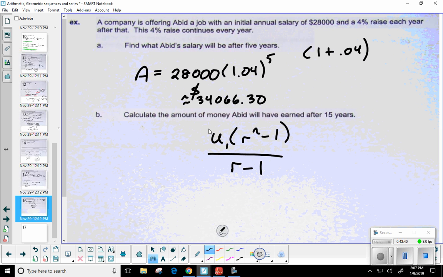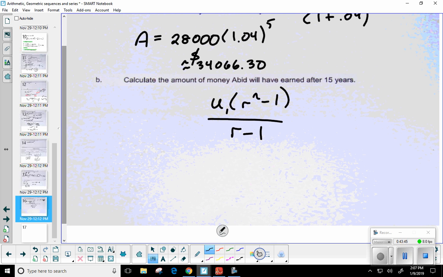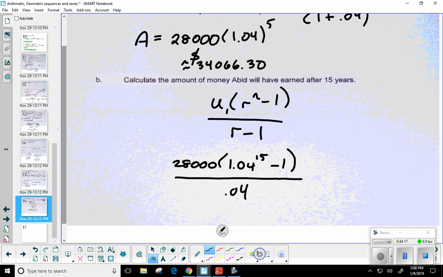Let's see. We started out with how much? 28,000, times r. What's my common ratio? 1.04, to what power? 15 minus 1, over 0.04.